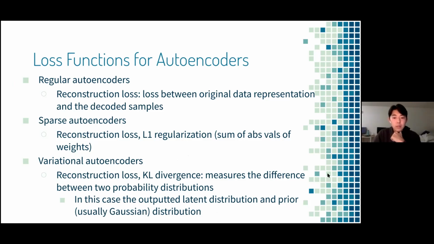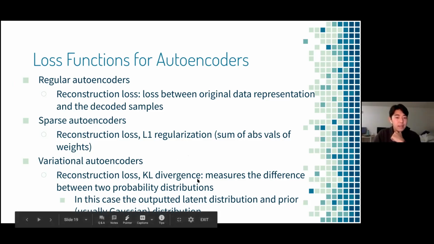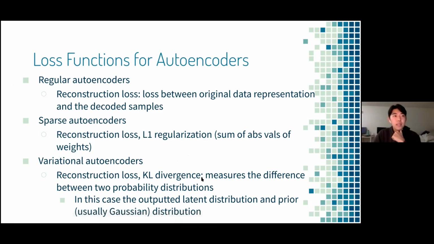Something called the KL divergence. This is a measure that serves as a distance measurement between different probability distributions. Our desideratum was a unit normal, Gaussian distribution.